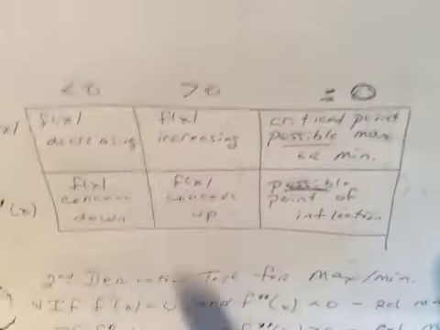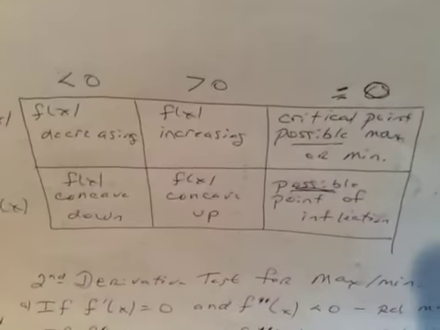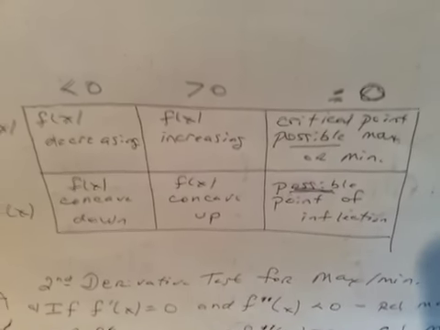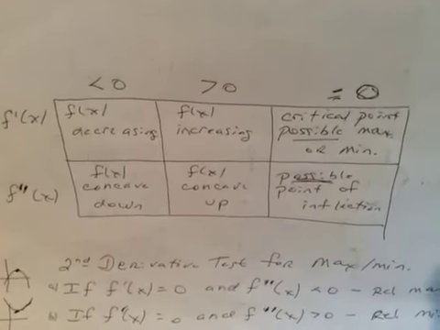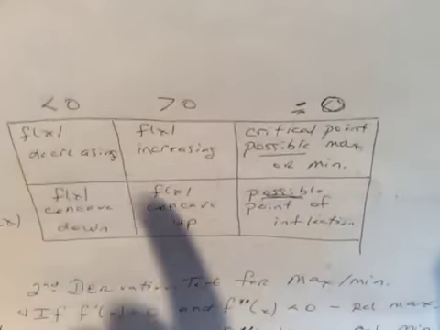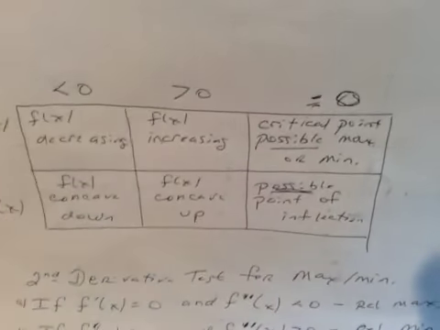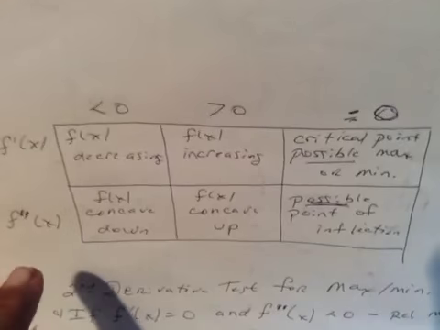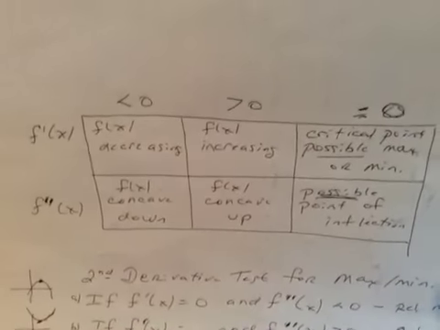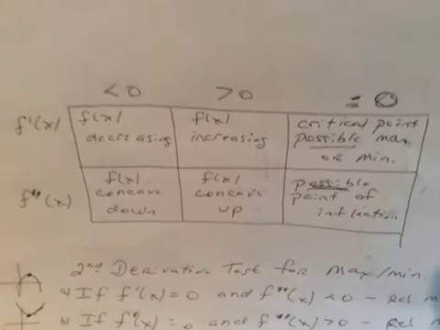Second derivative. If the second derivative is negative, it's concave down. And again, the actual definition of concave down, the derivatives are decreasing. Not the function decreasing, the derivative decreasing. How we test for that is use the second derivative. If the second derivative is negative, the function is concave down.